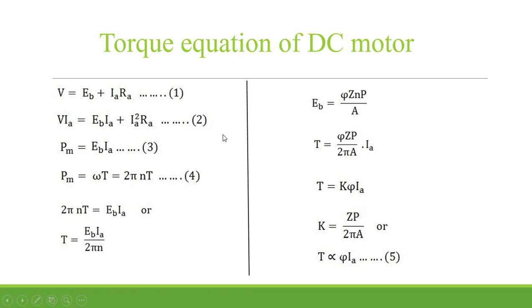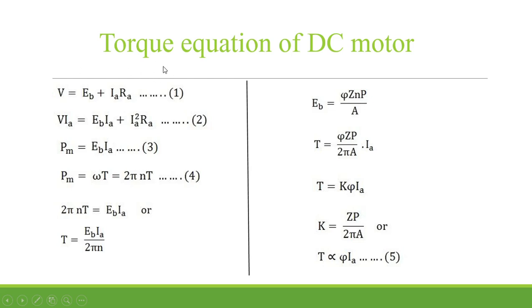Each armature conductor placed is at an equal distance from the center, at some radius. So that tangential force along with this radius, both multiplied together, will give the torque applied, or the twisting or turning motion of the DC motor, which helps in the rotation of the rotor.